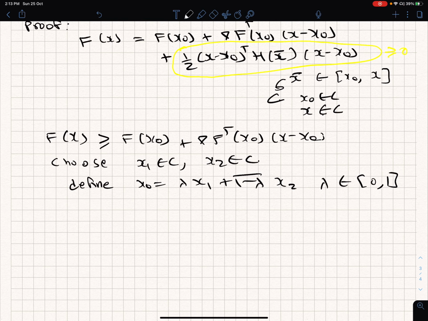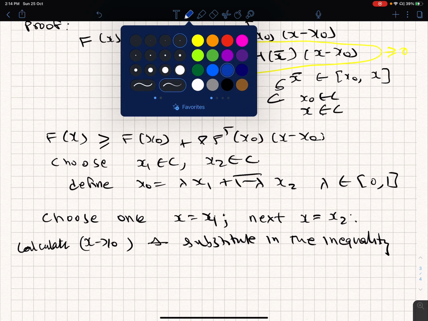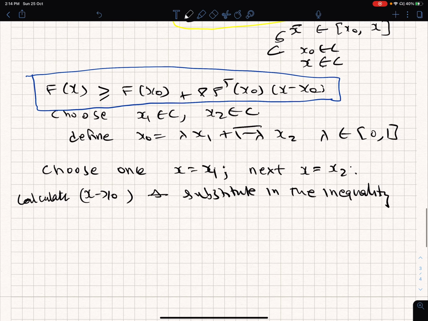Then choose x once as x1, next x as x2, calculate x minus x0 the same way as I did earlier, and substitute in this inequality.